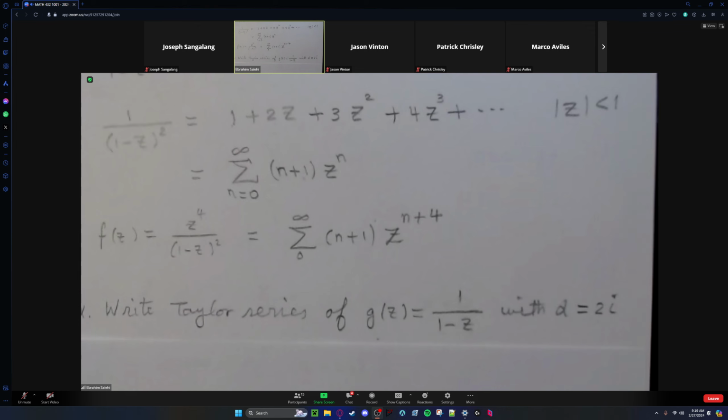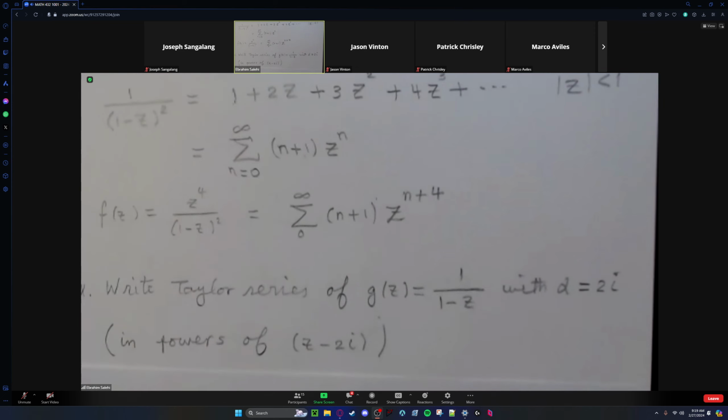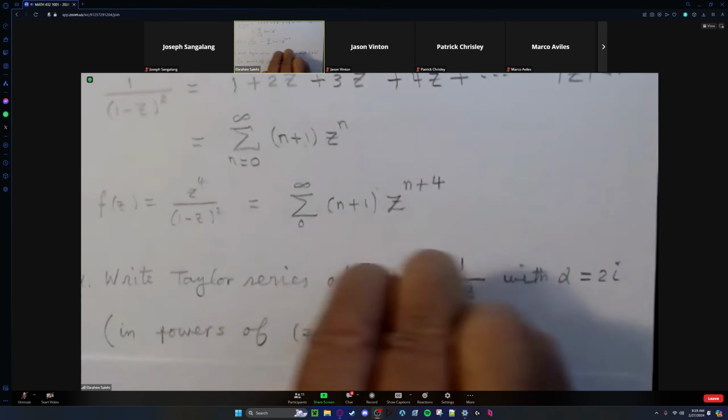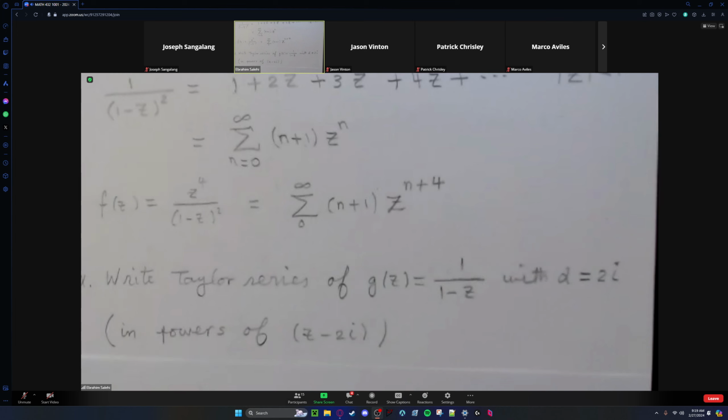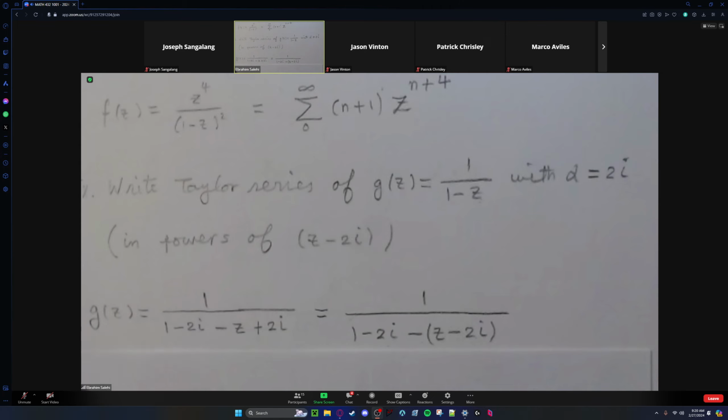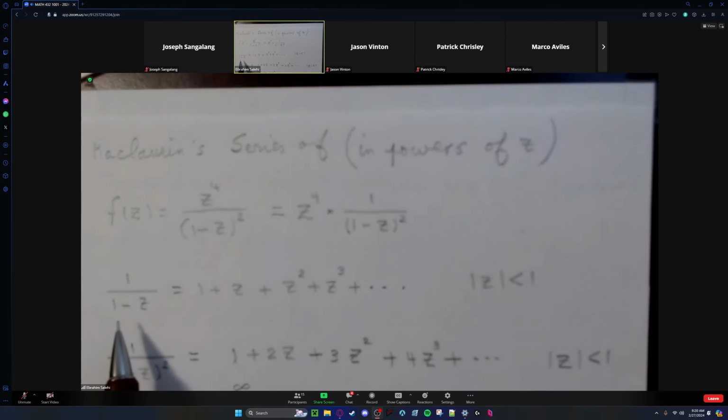Now, here is what we do. We want it in powers of z minus 2i. Well, going back to geometric series. I already have here a geometric series, right?